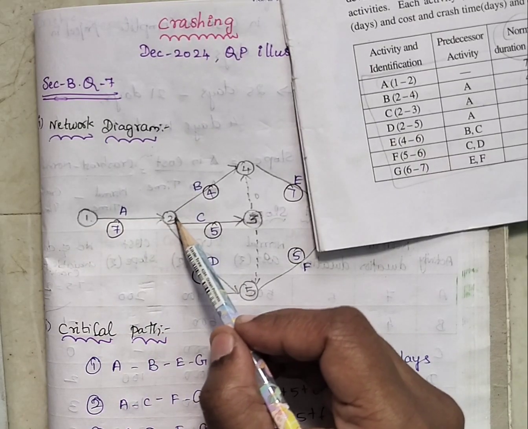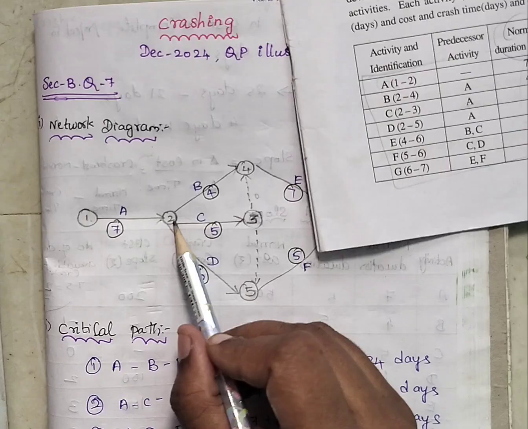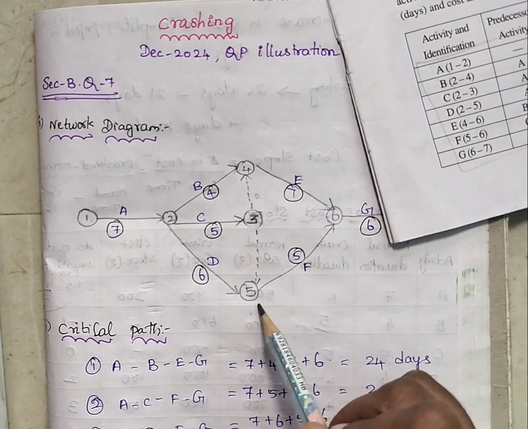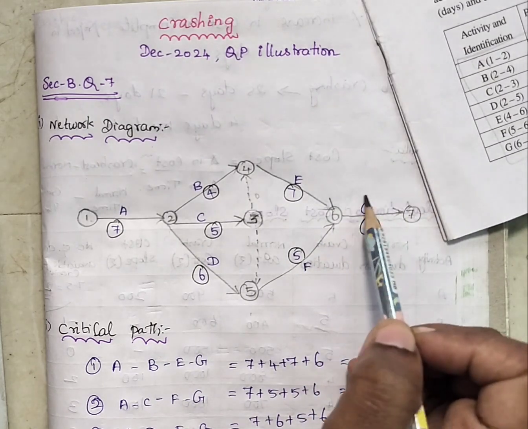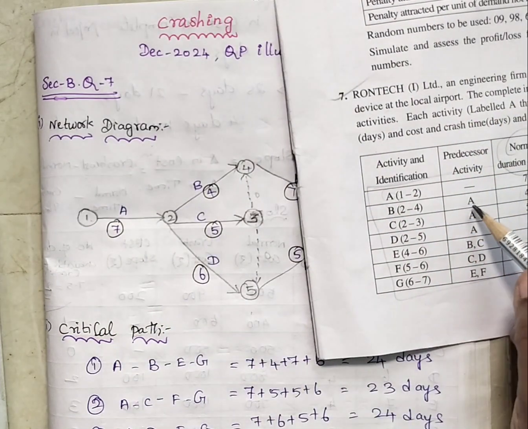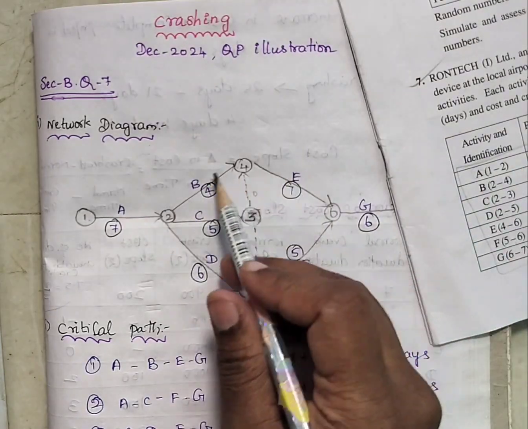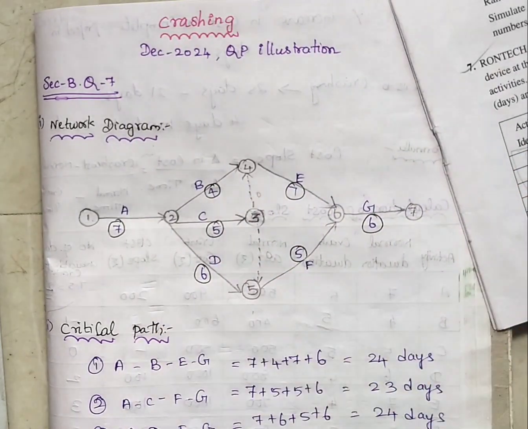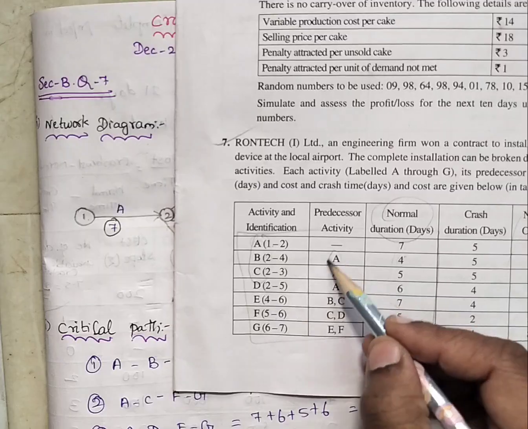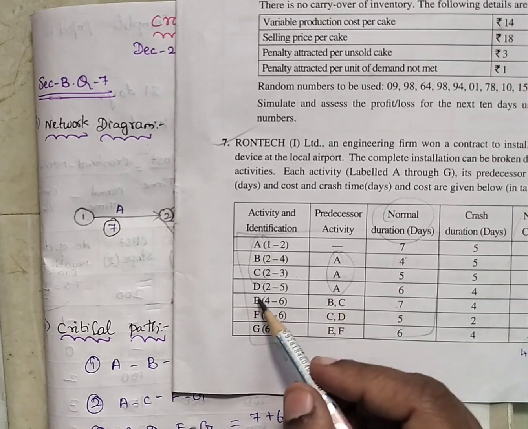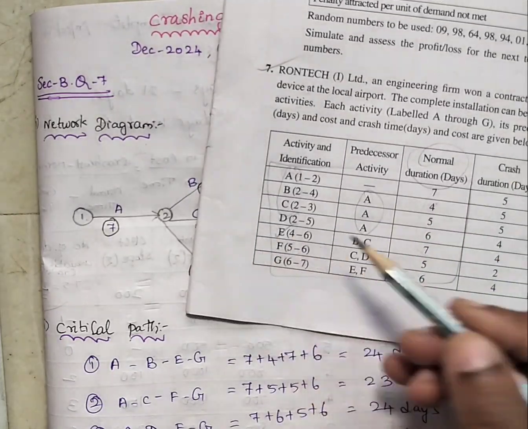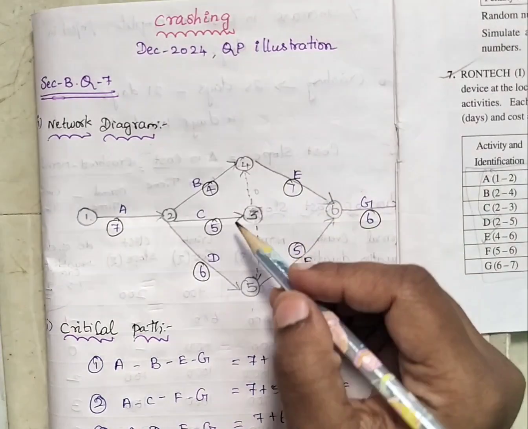B activity is 2 to 4, C activity is 2 to 3, D activity is 2 to 5, E activity is 4 to 6, F activity is 5 to 6, and 6 to 7 is G. Using the preceding activities given, we have placed the positions in the network diagram, because for B, C and D, A is the predecessor. For E, the predecessors are B and C.